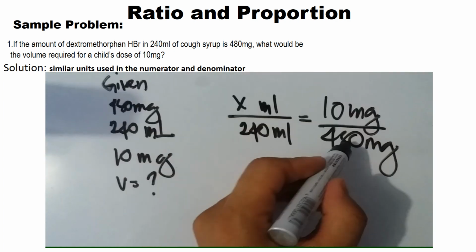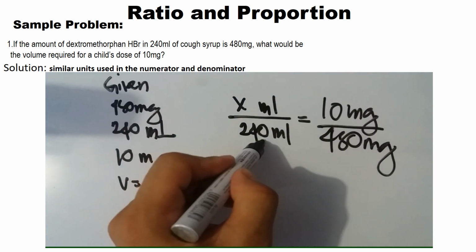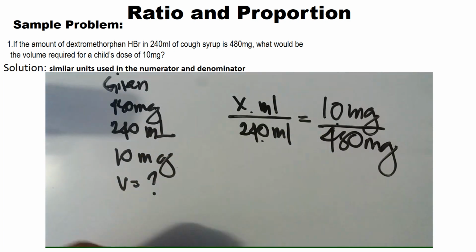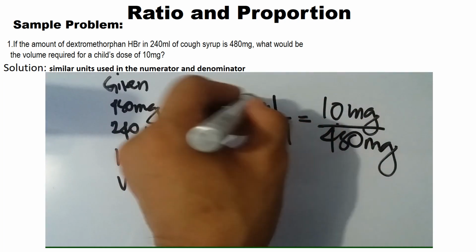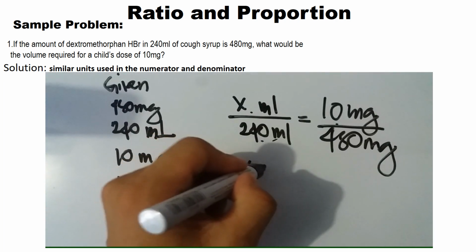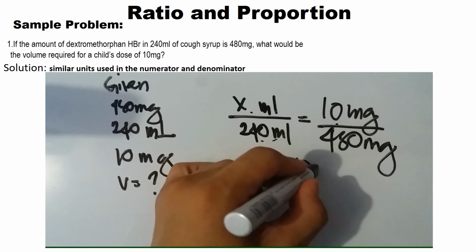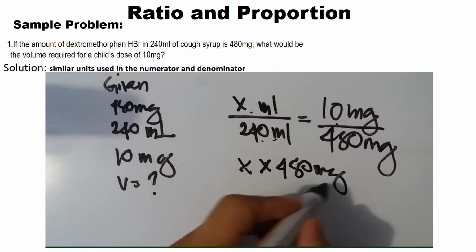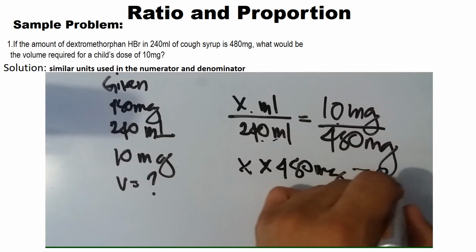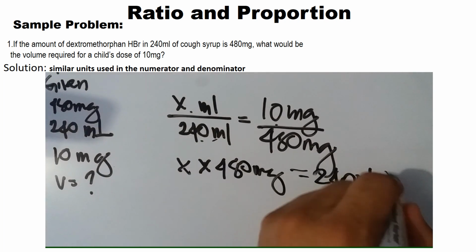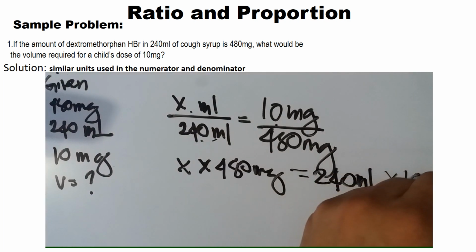For example, 480 milligram in 240 ml of the cough syrup; for 10 milligram, what is its equivalent volume? Using our rules in ratio and proportion, we multiply across. So this becomes X times 480 milligram equals 240 ml times 10 milligram.